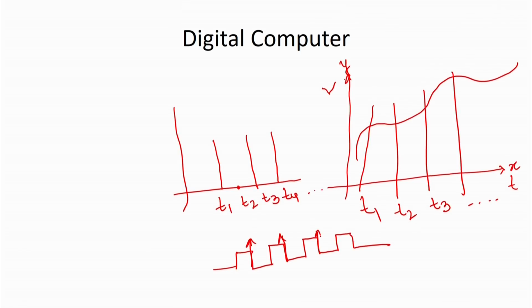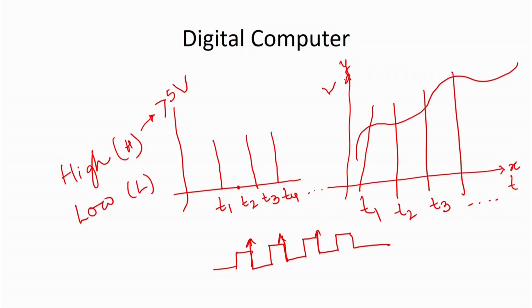Secondly, we work with discrete signals and we see the voltage values at some instance of time. These voltage values may be either high or low. In some cases we represent it by H or L. Generally, when we talk about high voltage, it depends on the technology: it may be more than 5 volt, in some cases 8 volt, in some cases 12 volt.